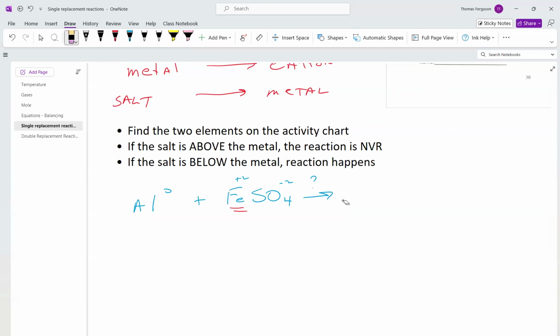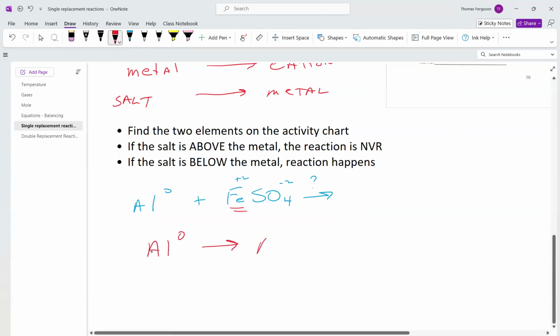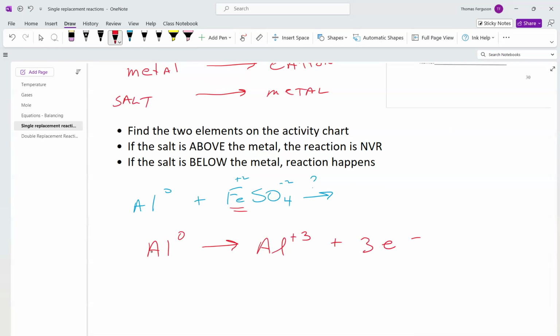Okay, so the aluminum loses 3 electrons. The iron, to become iron metal, has to gain 2 electrons.